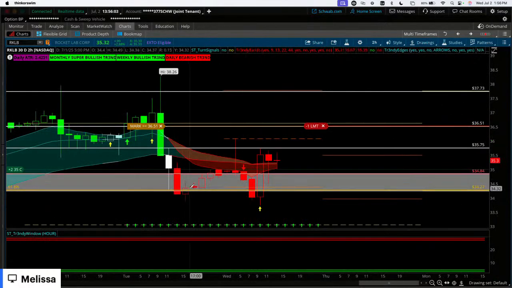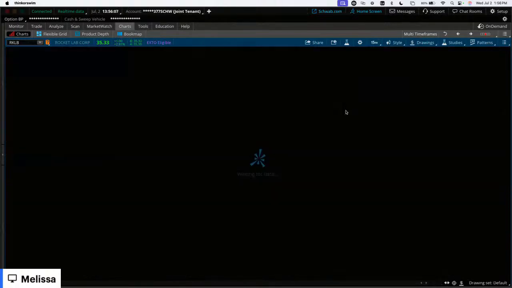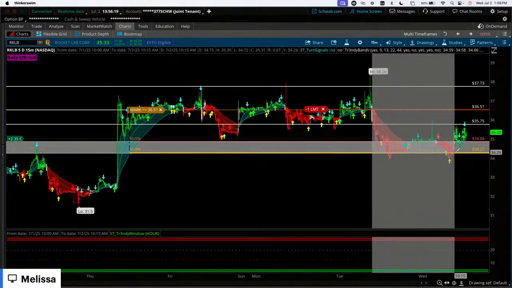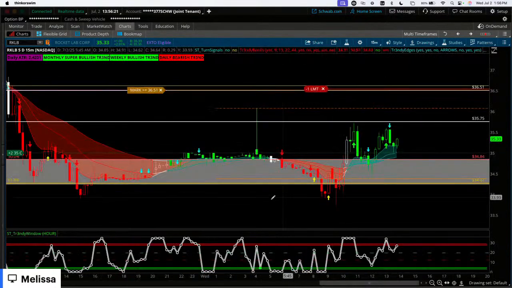Okay. So what I did was on the 15-minute, when I got the alert that it was in the golden pocket, I waited for a 15-minute candle to start making higher lows.